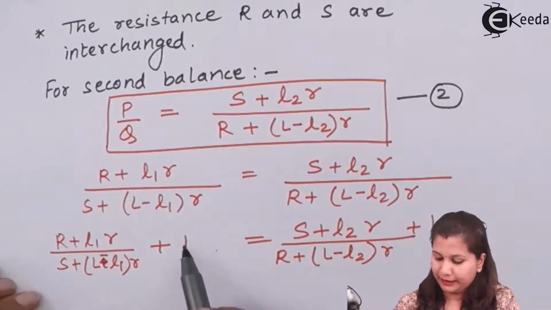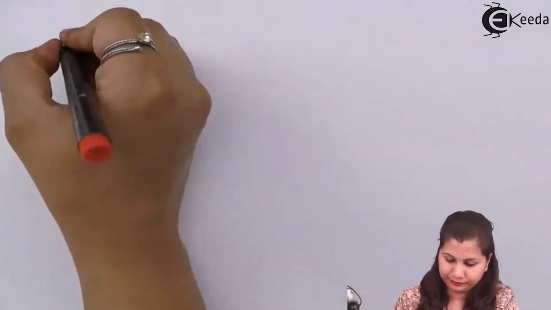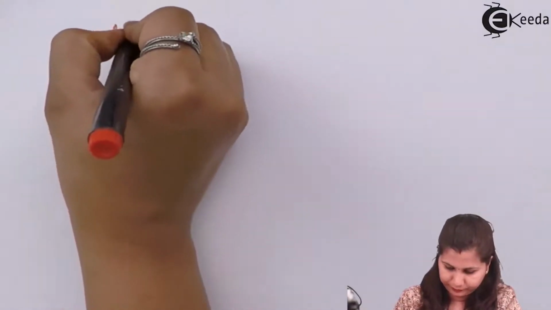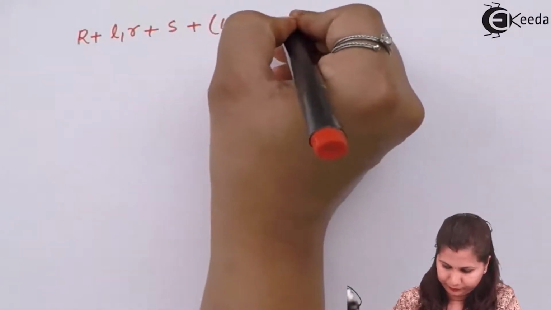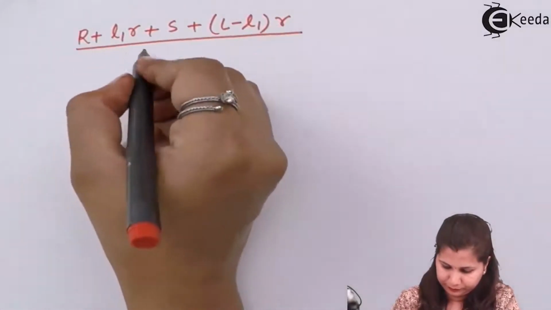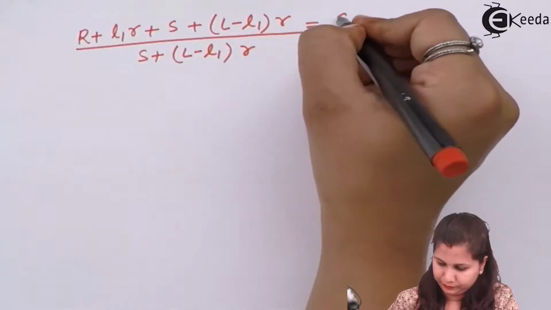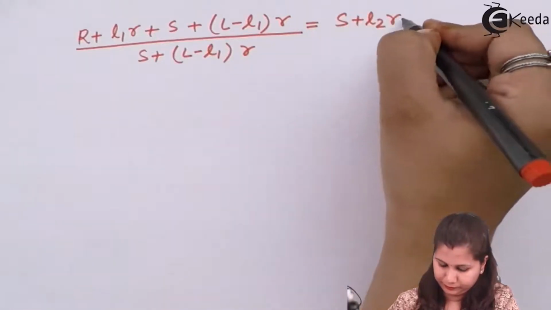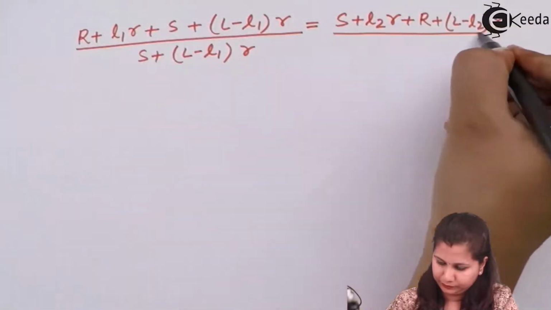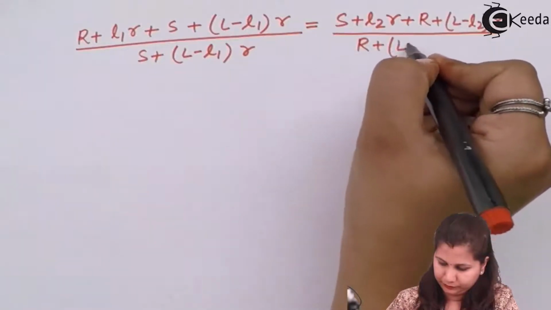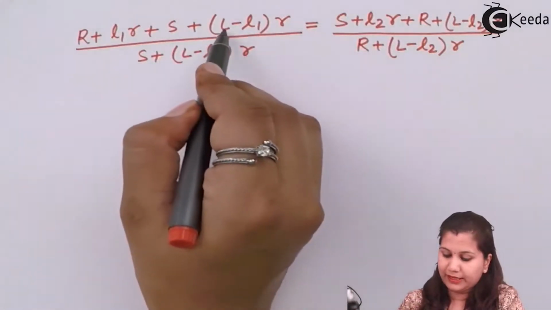Just solve this, multiply this. Now multiply this inside the bracket.